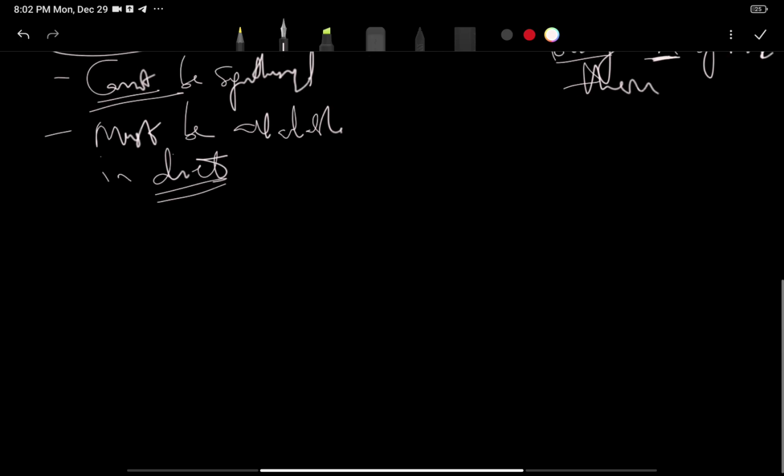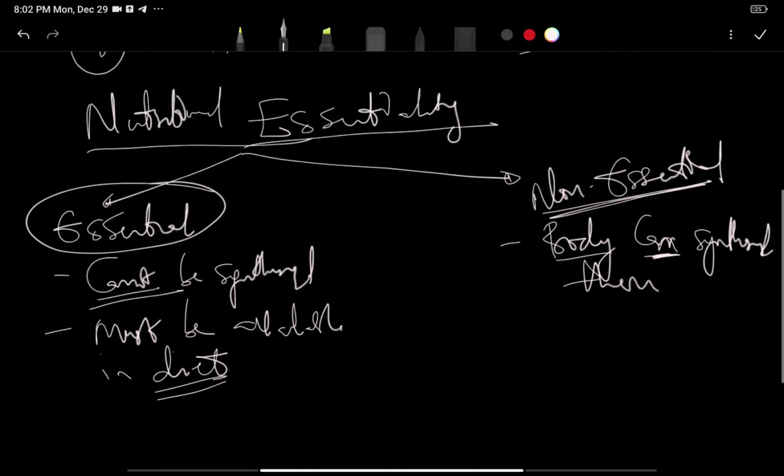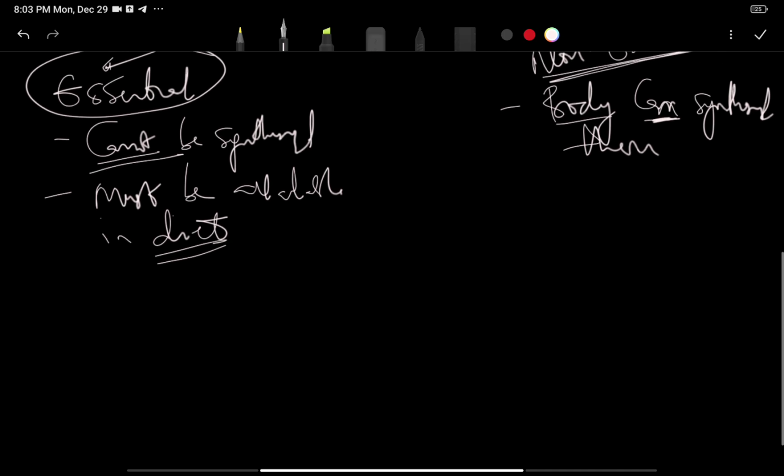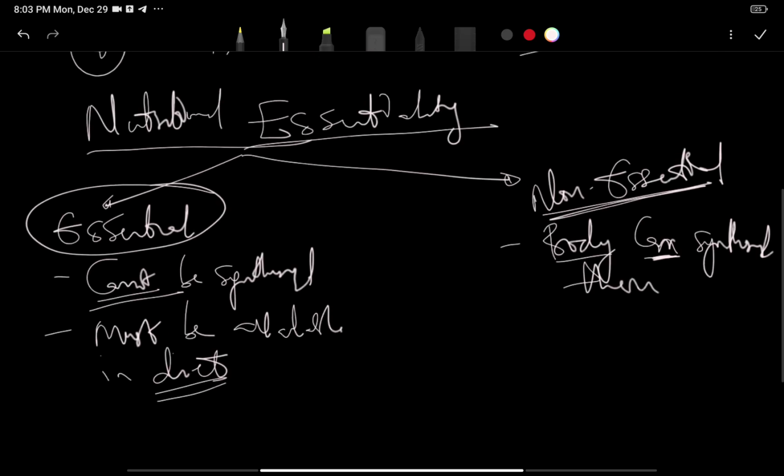So now let's see the amino acids in this class. You know there are 20 amino acids. We've already classified them before, but this time again I want to classify them. To make it easy, 10 are essential, while 10 are non-essential.